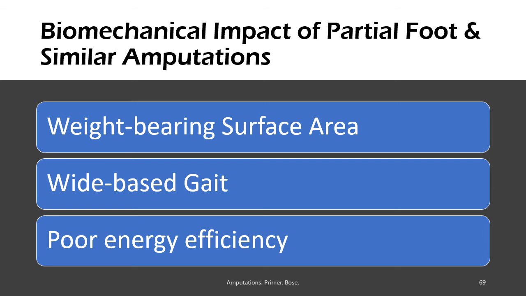And the loss of active pronation and supination during gait, along with absence of active push-off phase, lends to its challenges. Consequently, gait is weight-based, slow, and has poor energy efficiency.